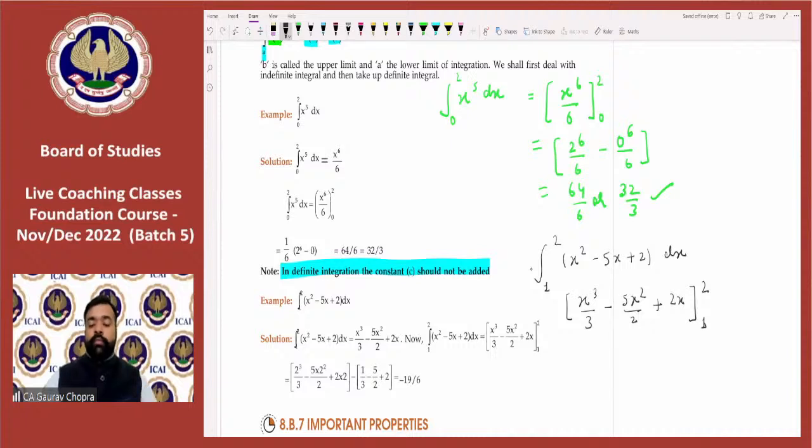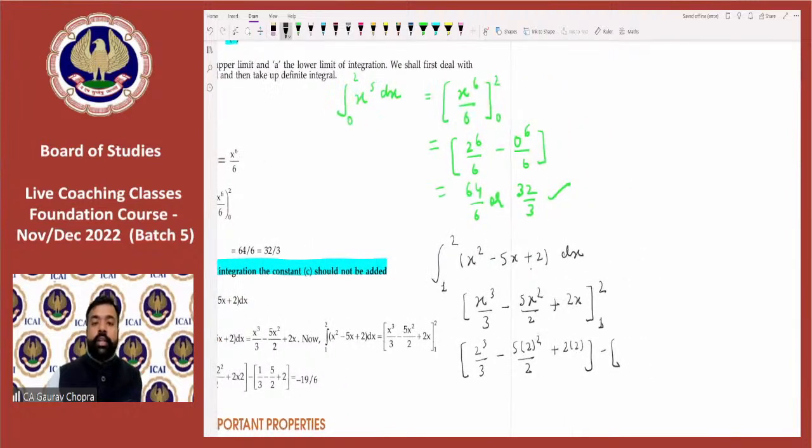First of all, we have to put 2. So 2 cube divided by 3 minus 5 into 2 square upon 2 plus 2 into 2. Now minus, and then put the second value, that is 1. So 1 cube upon 3 minus 5 into 1 square upon 2 plus 2 into 1.